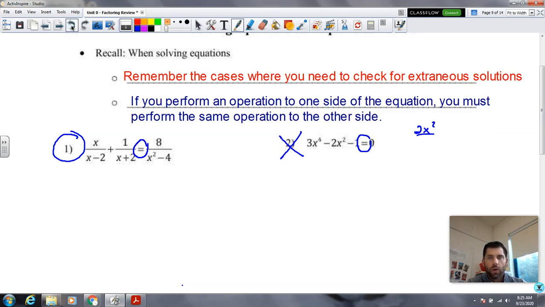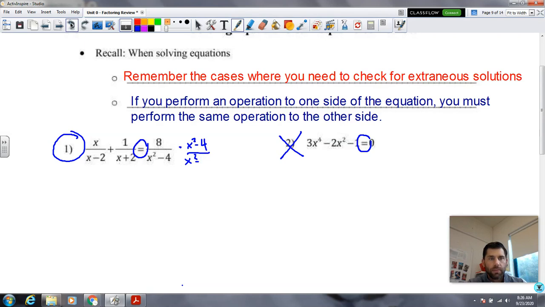Now the great thing about equations is that there's an equal sign. I don't have to multiply every term by 1. If I multiply this by x squared minus 4, I don't have to multiply the denominator by x squared minus 4 as well.